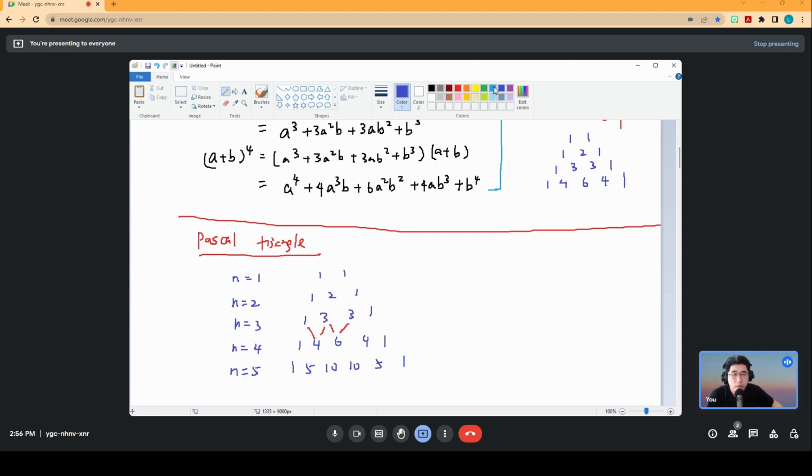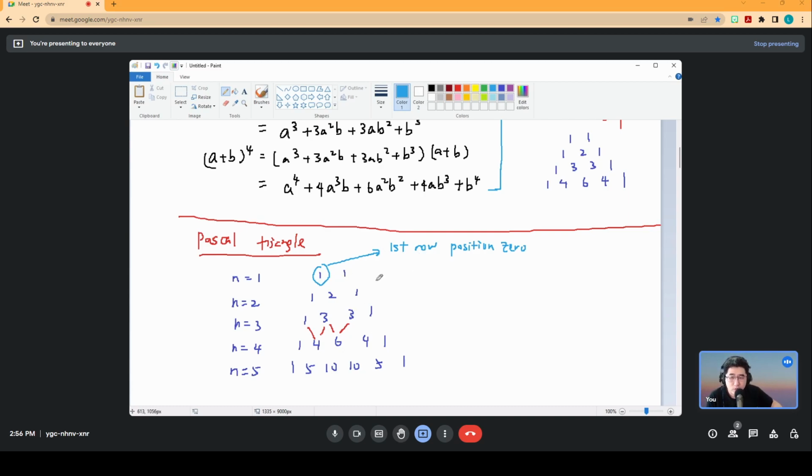So how do we actually recognize these numbers? We call this the first row, position 0. We start counting from position 0, so this is position 1.